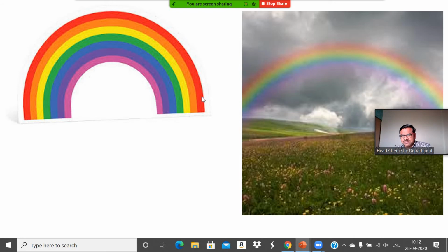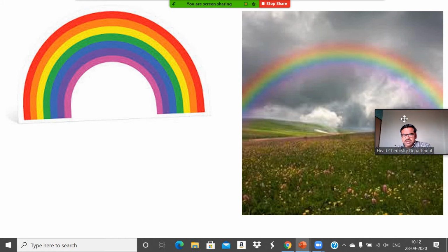See there: 1, 2, 3, 4, 5, 6, 7. There are 7 colors, and this is the spectrum of visible light. In the electromagnetic radiation, in the visible light, we have these different colors.